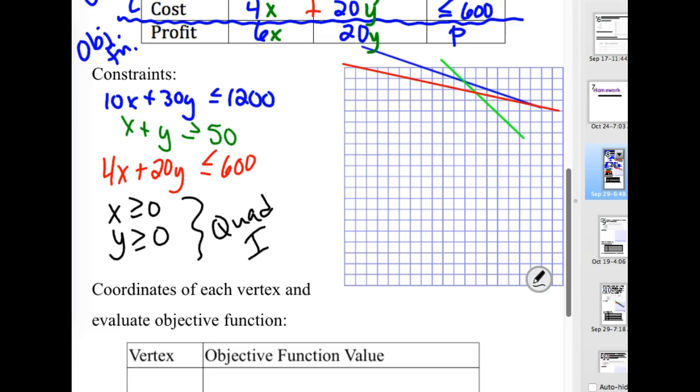So we're going to set up our graph paper here just to be quadrant 1. And we said X was t-shirts. And we said Y was sweatshirts.